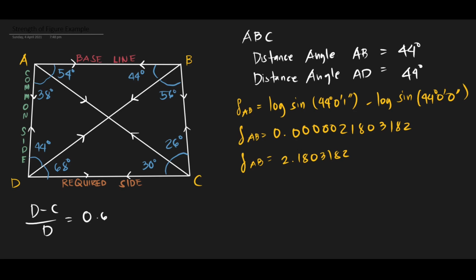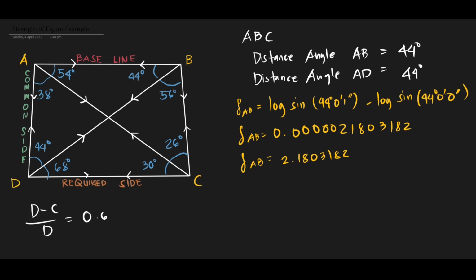Now, why do we have to use this sixth decimal place? Because as you will see later, we will be comparing the values of r. Now, if we're just comparing them, why not use the simpler 2.1803182 instead of the 0.0021, right? So it will be easier in calculations. Okay, so let's use that.